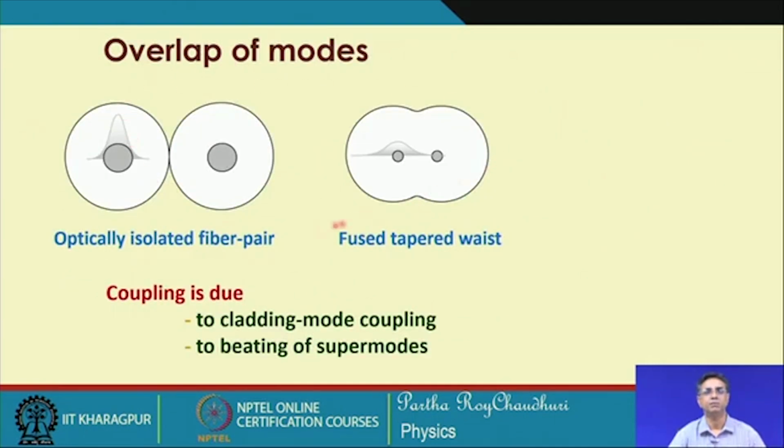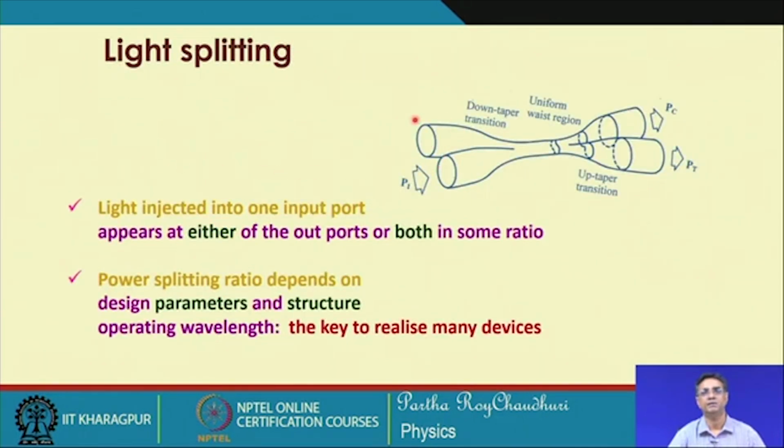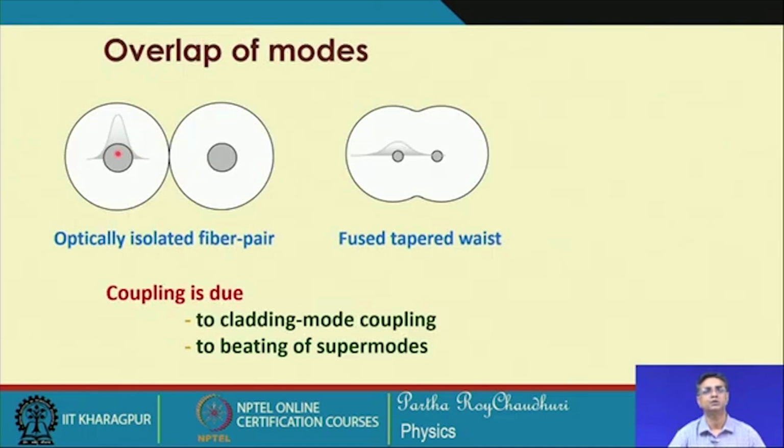To understand how this coupling takes place, these are the two optically isolated fibers where there is no interaction. It looks like they are just in contact with each other, only at the outer boundary of the cladding. So, the field does not see the presence of the other waveguide. But at the tapered region and the uniform waist region, the core becomes very small, and instead of two different claddings you have a common cladding in which you have two cores.